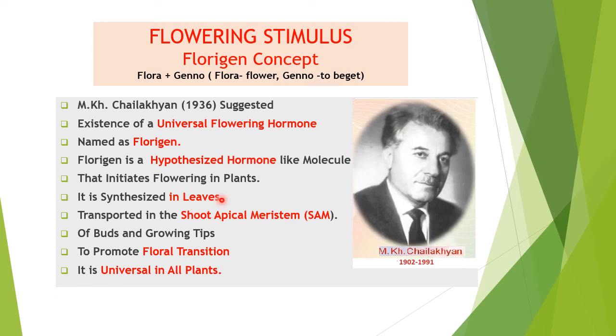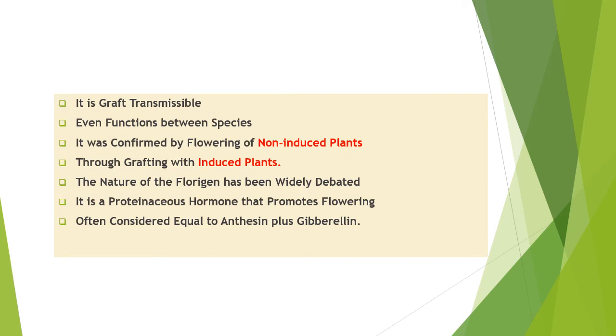It is synthesized in leaves, transported to the shoot apical meristem, SAM, of buds and growing tips to promote floral transition, and it is universal in all plants. This is the earlier concept of florigen, which was given by Mikhail Chailakhyan in 1936, suggesting a name, florigen, which was not isolated, but now it is known that it is graft transmissible.